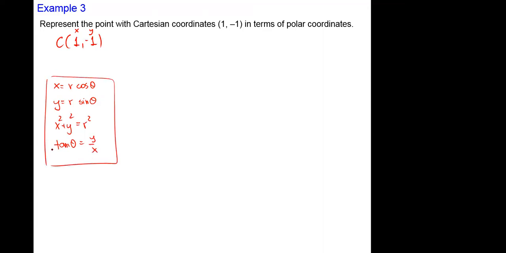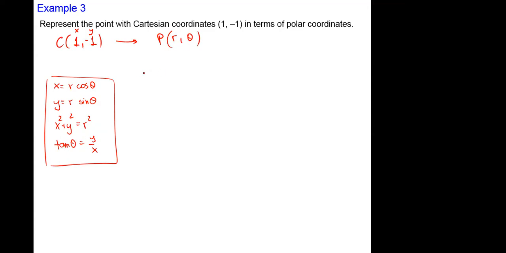What I will recommend, if you have this type of question, is to always write down for yourself all of these equations. Because you will see how you can manipulate them. Probably the third and the fourth are helpful this time, because I have to find the polar r and theta.